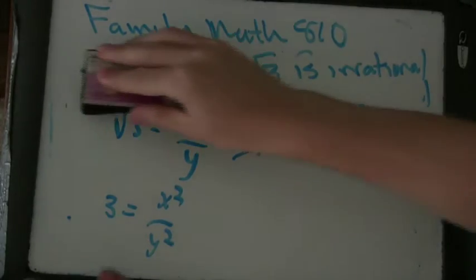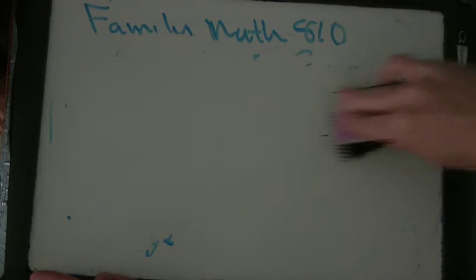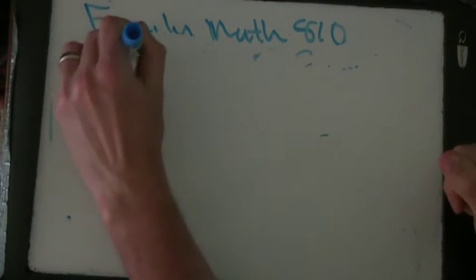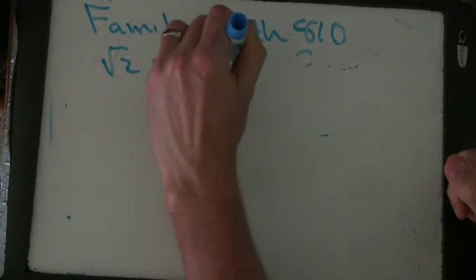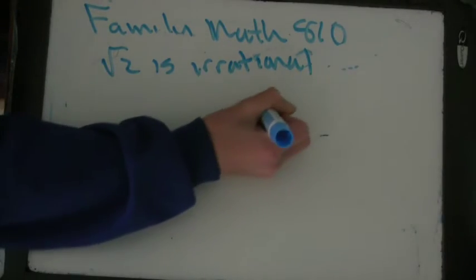Alright, so let's try to recreate his proof that the square root of 2 is irrational. Root 2 is irrational. So what would you like to do here? He used actual squares.